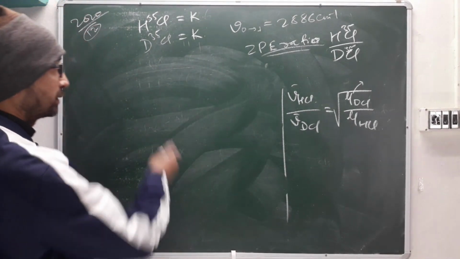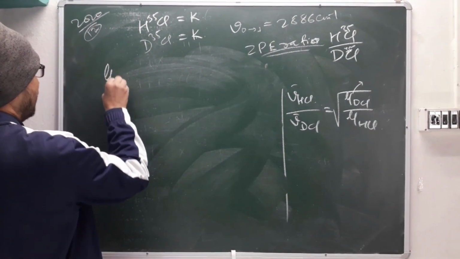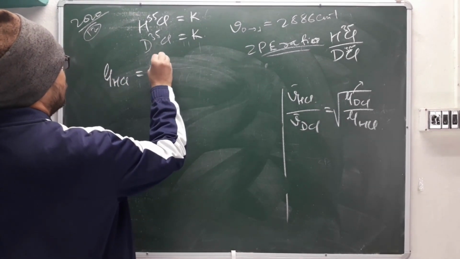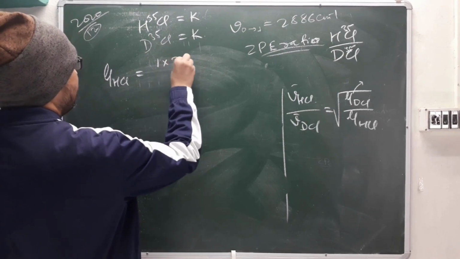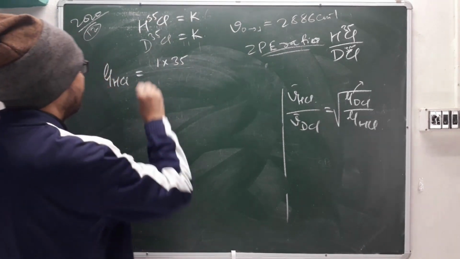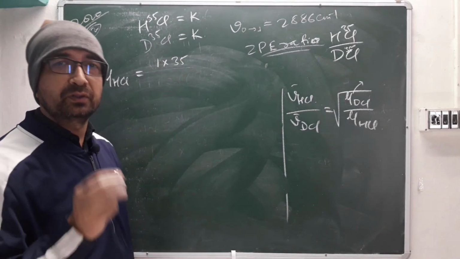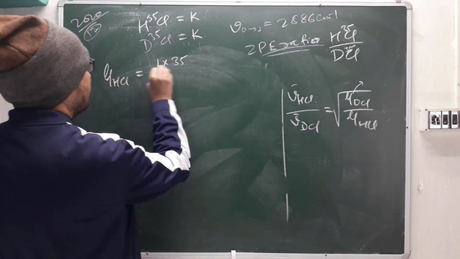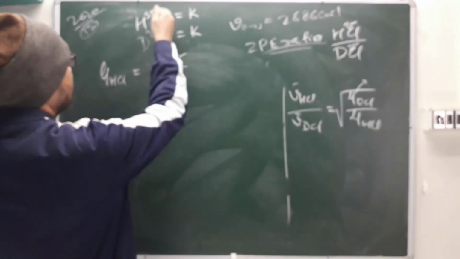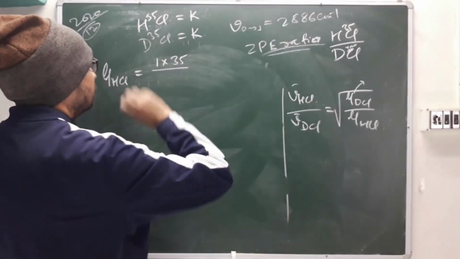What is the reduced mass? Mu HCl will be M1 into M2 over M1 plus M2, so 1 into 35. They have given 35, so don't consider 35.5. Even if you consider 35.5, it won't have any effect, because you are taking a ratio.